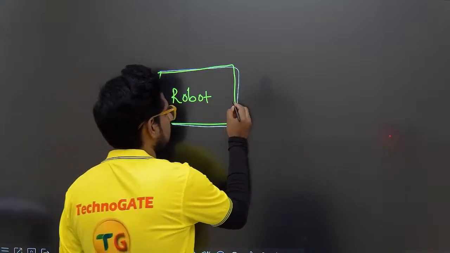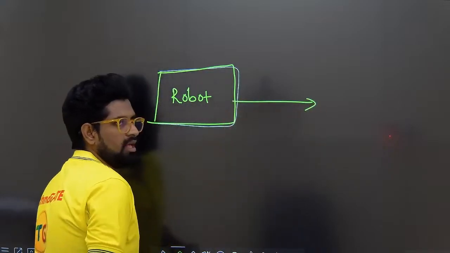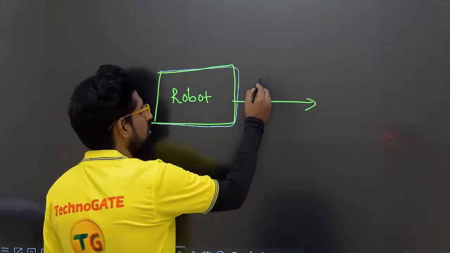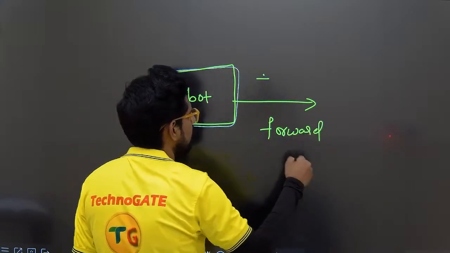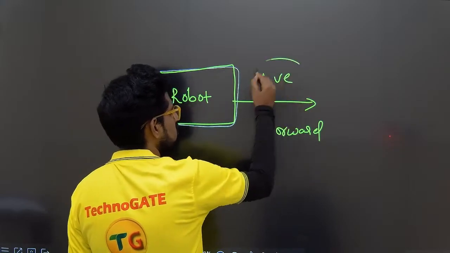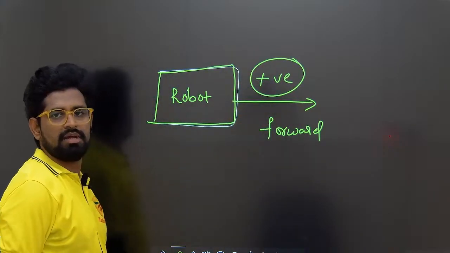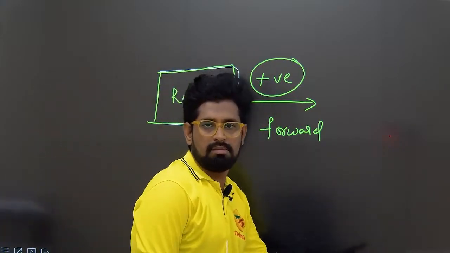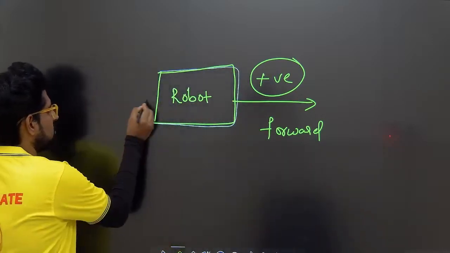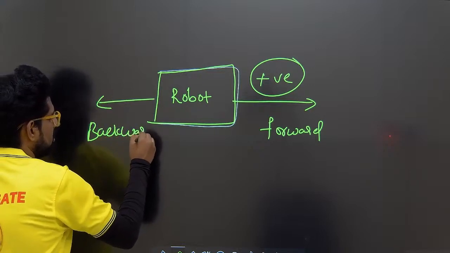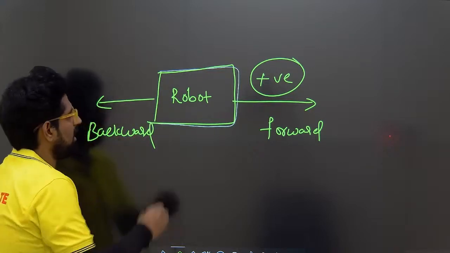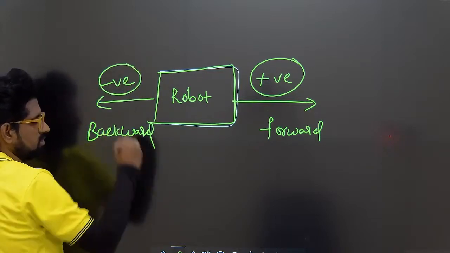If this robot wants to move in the forward direction, it will use positive numbers. If the same robot wants to move in the backward direction, then we compulsorily require negative numbers.